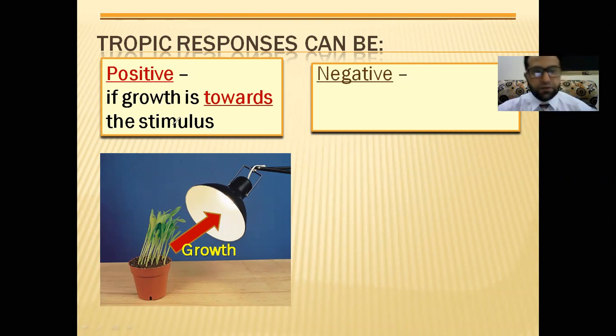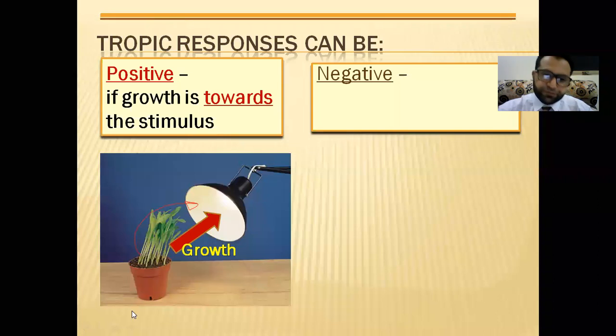Like the plant is growing toward the light. The shoot of plant is growing toward the light. Shoot is the outer part of plant. So in this case, the shoot of plant is showing positive tropic response, right?